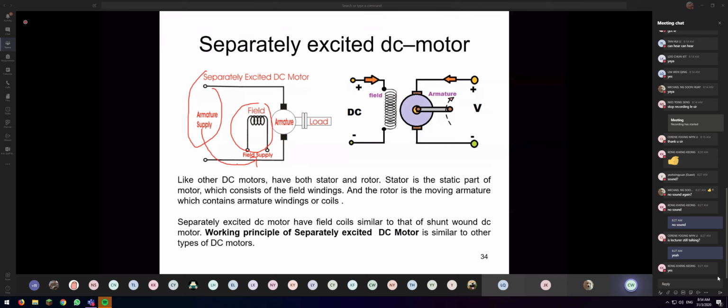Another way is to use different separate converters to control the field current and also the armature current. For example, here, at the input at the armature side, I can use the full converter method to control the armature current. But then at the field side, I can use the semi-converter method to control the field current.